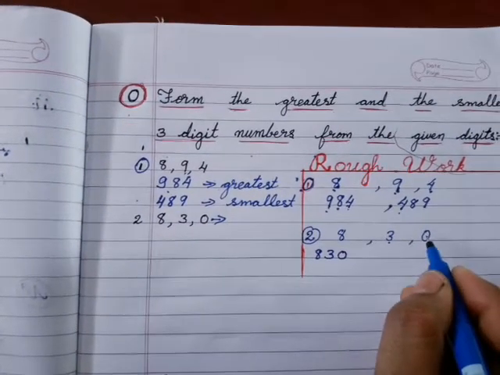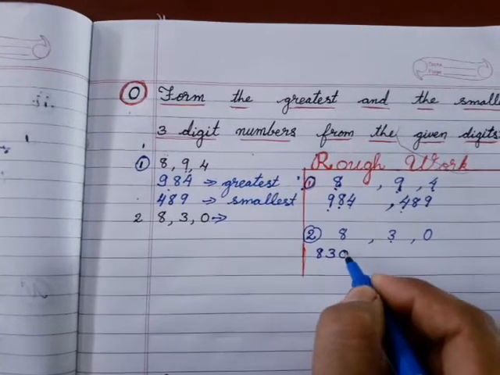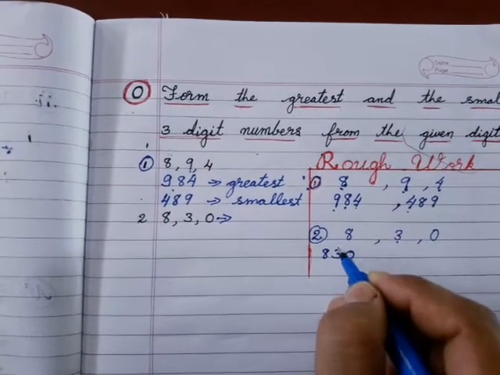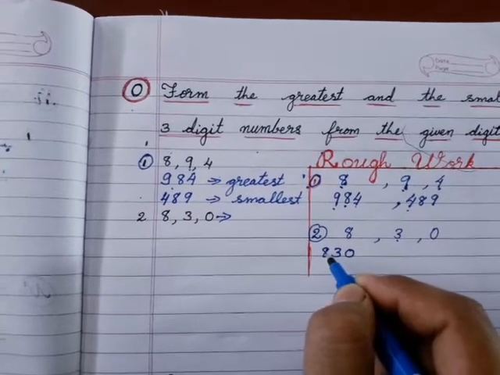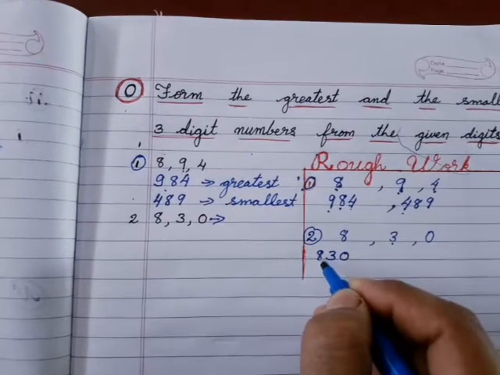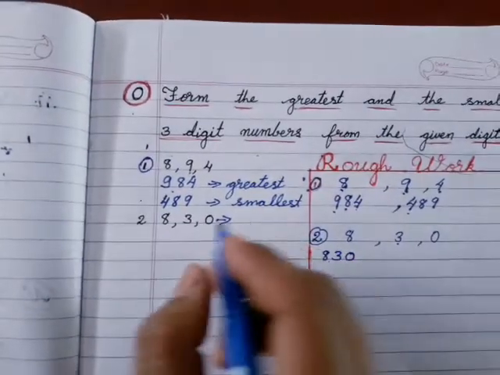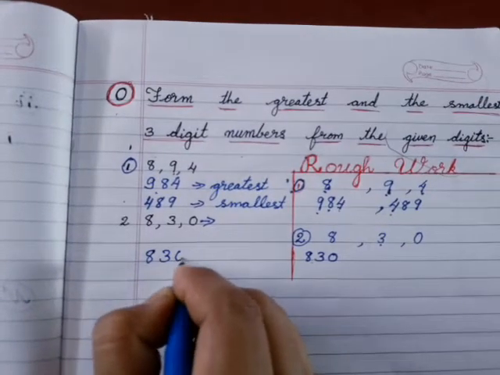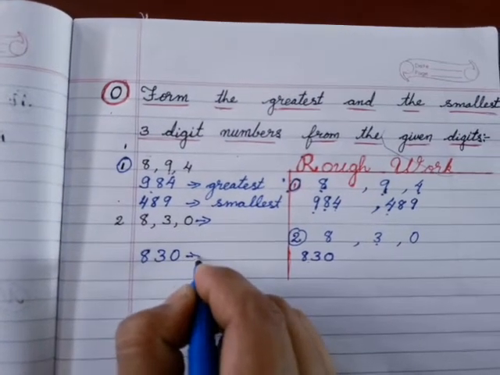The smallest digit, 0, we will keep in the ones place. The second most valuable digit we keep in the tens place, and in the hundreds place the digit which has the most value. So you are getting the greatest number, 830.